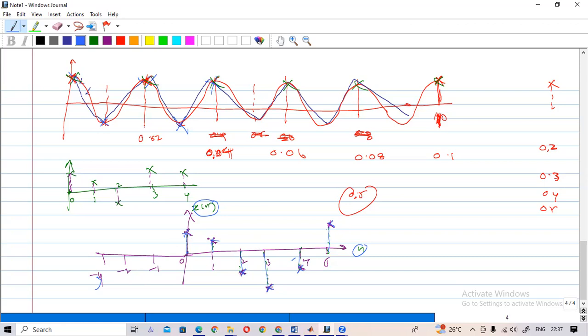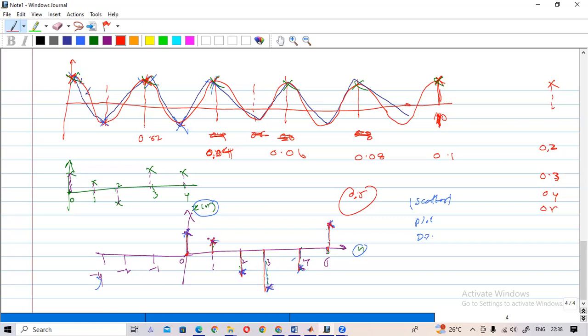If you want to show only these values, you can use the scatter command, which we have already used. If you use plot, the values will be joined. But in the normal graphical representation of a discrete time signal, we show each sample value by joining the point to the sample axis. This is how we normally draw a discrete time signal.